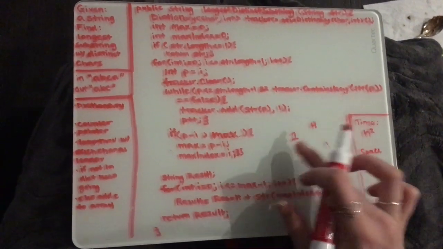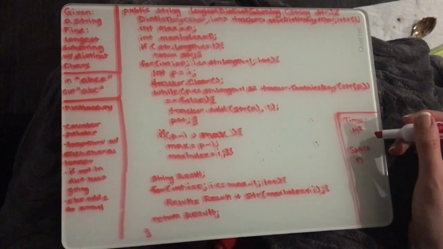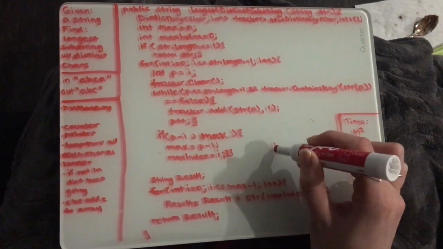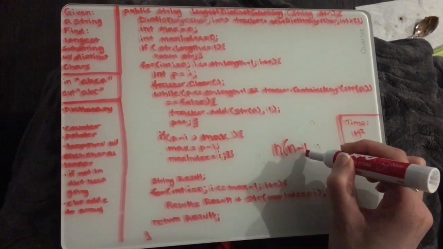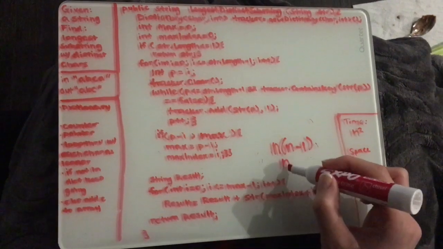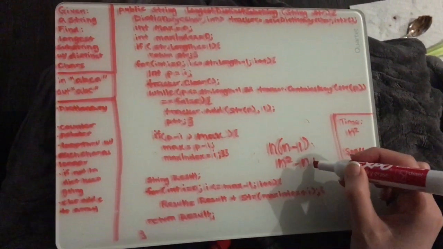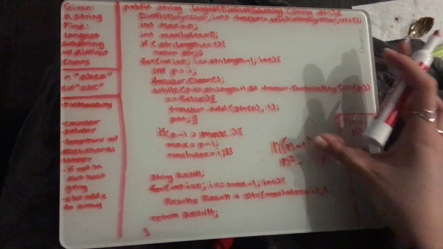The time for the solution is n squared, because the first loop, this nested loop is going to be n times n minus 1, which is n squared minus n, and this has the potential to be plus n, so it's just n squared.